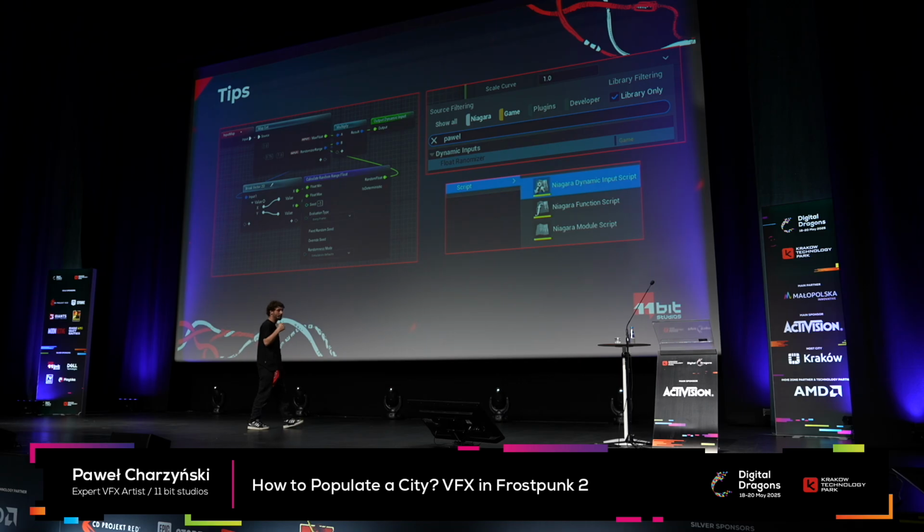You can do it with dynamic inputs, with some sprites, module scripts, and stuff like that. I highly recommend it. It improved my workflow like two or three times because when you're making a new system, you use the same logic in a different system, so it's just really useful.